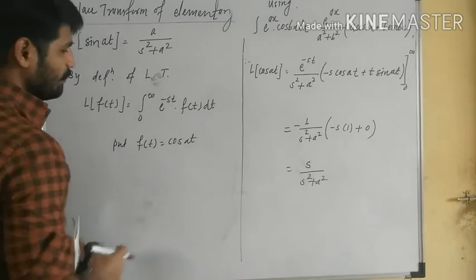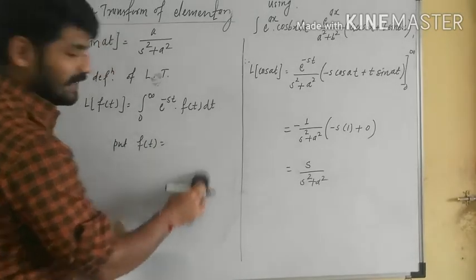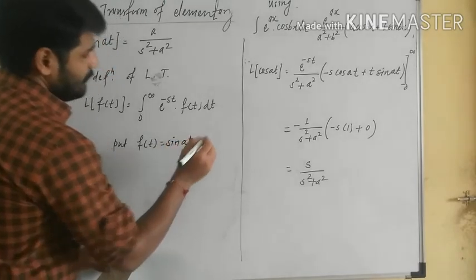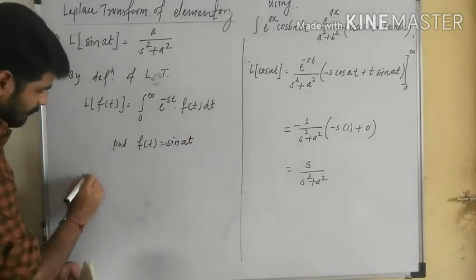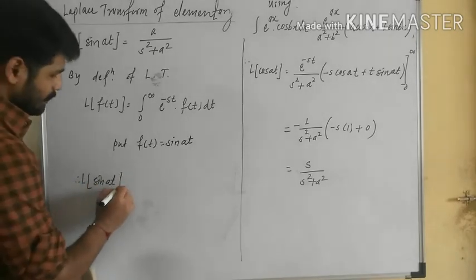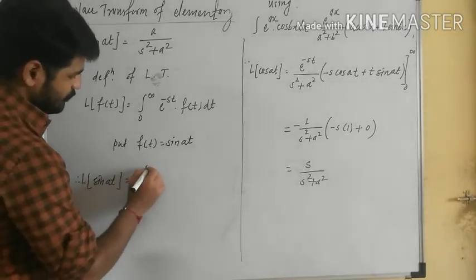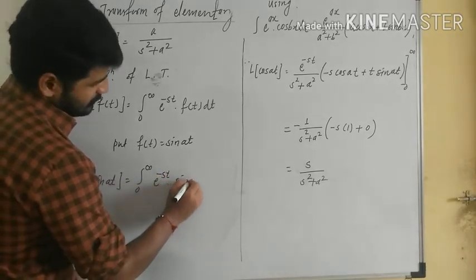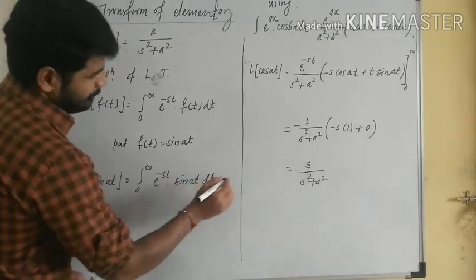So we will take f of t is equal to sine at. Therefore we get Laplace transform of sine at is equal to integral from 0 to infinity e raised to minus st into sine at dt.